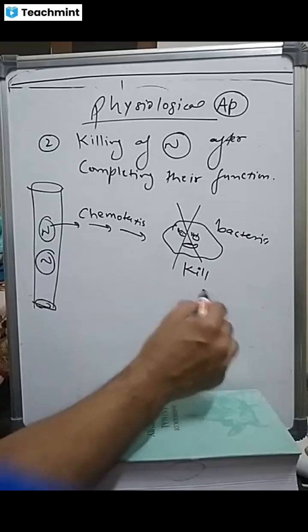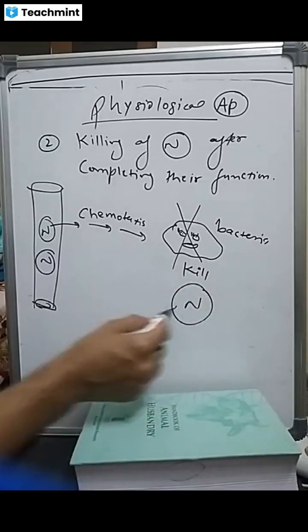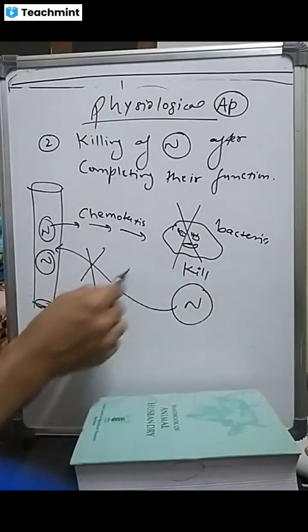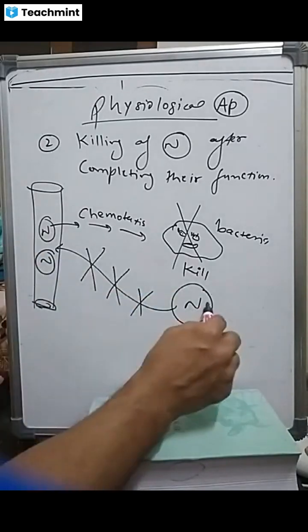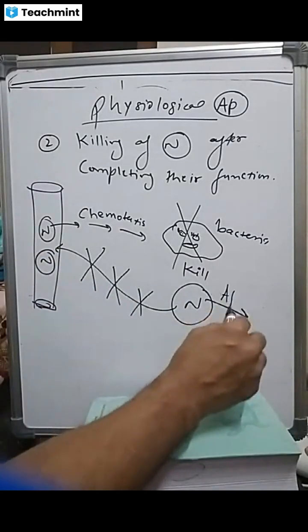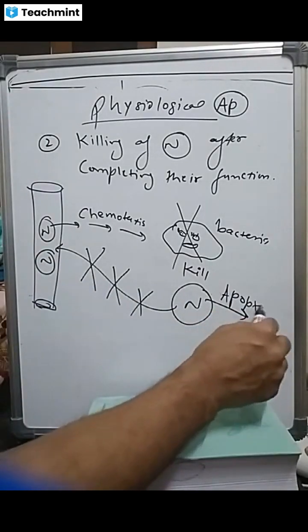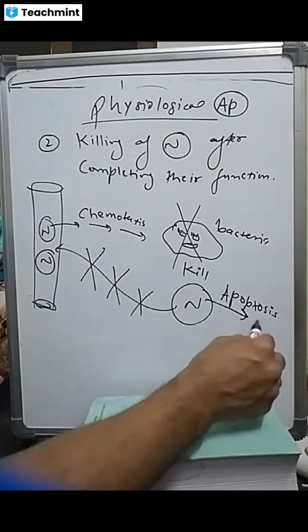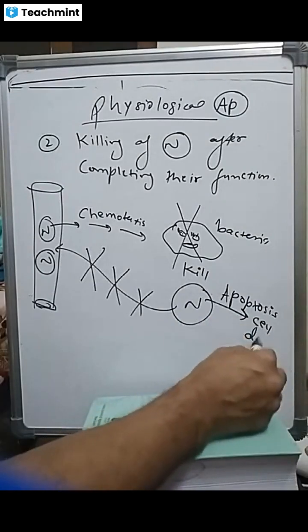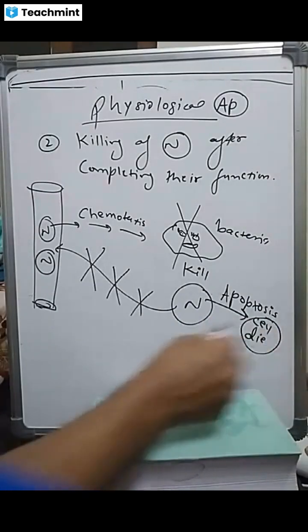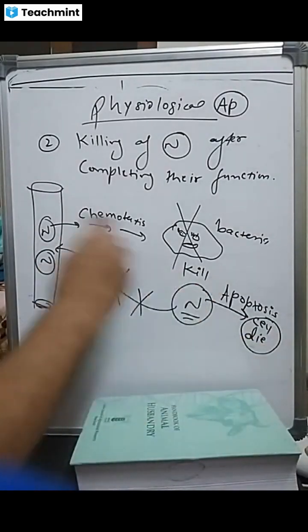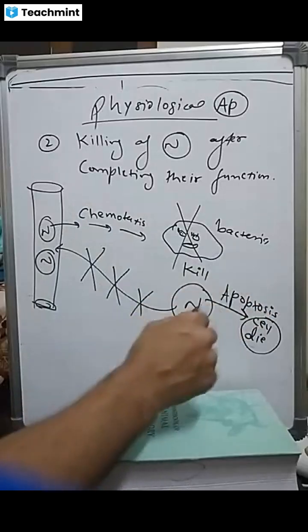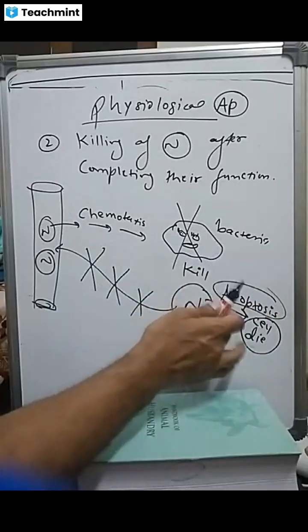The neutrophil will never enter into the blood vessel again. So what happens to the neutrophil? It will undergo apoptosis. That is, this cell will die. Once their role is completed, they undergo apoptosis.